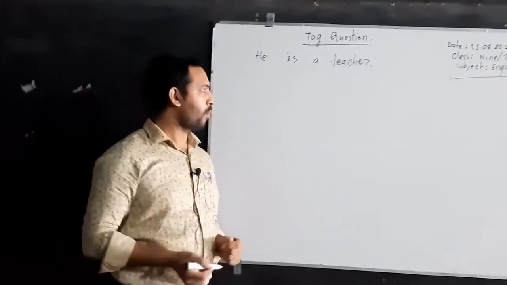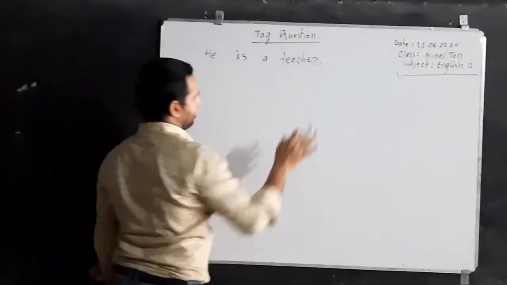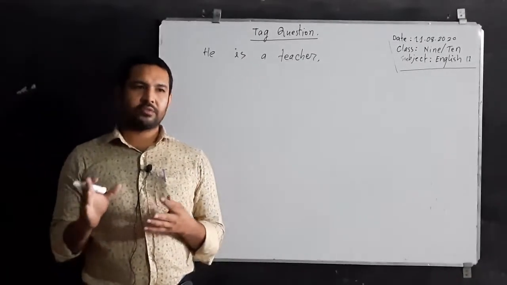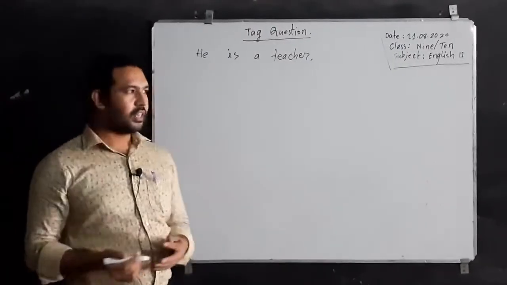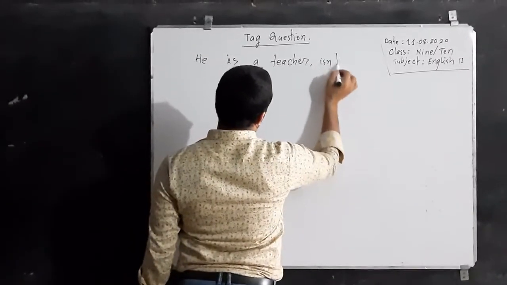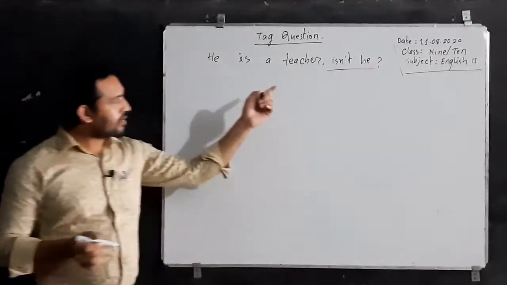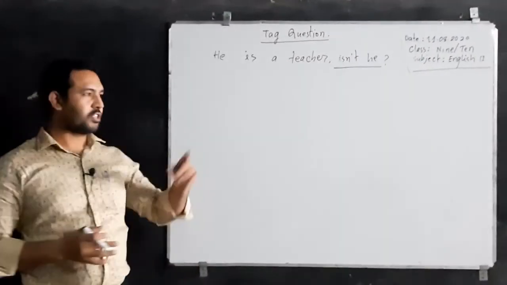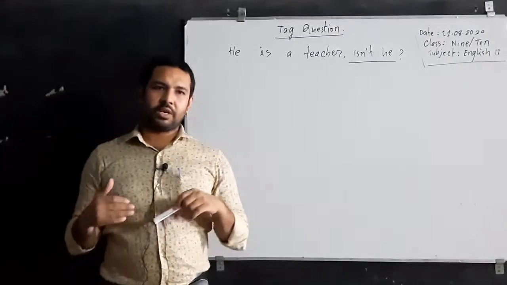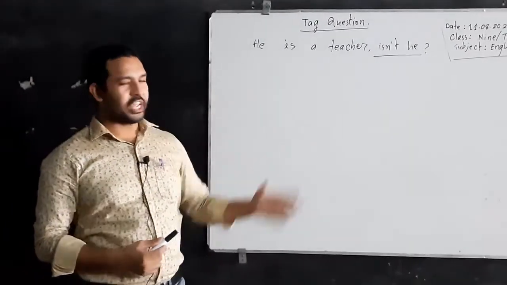But if I want to ask about this statement, if I want to know the opinion of the viewers, of the listeners, then I should ask about this statement: isn't he? So the question attached after a statement, after an assertive sentence or an imperative sentence or any optative sentence, is a tag question.